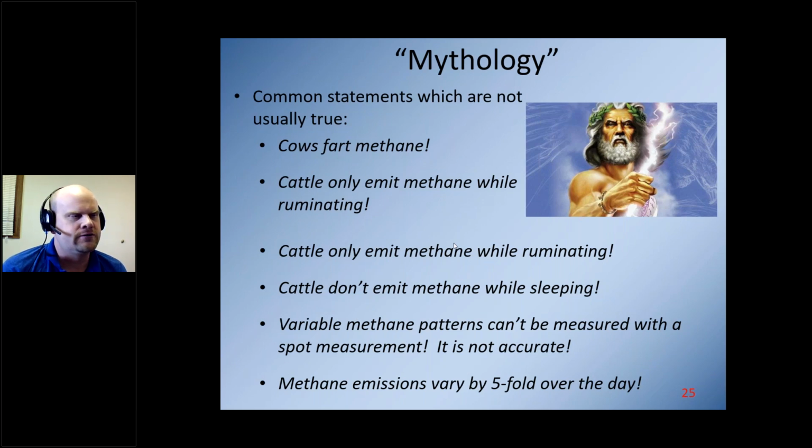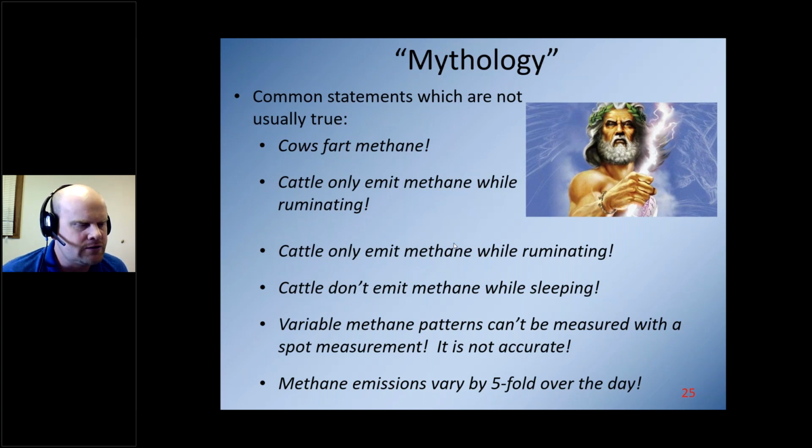We've also heard other things, like cattle only emit methane while they're ruminating and chewing their cud. They don't emit methane when they're sleeping; when they sleep or take a break, they stop emitting methane. And of course, we hear all the time, though a whole lot less in the last few years, but especially at the start, you can't measure variable patterns with a spot sample.